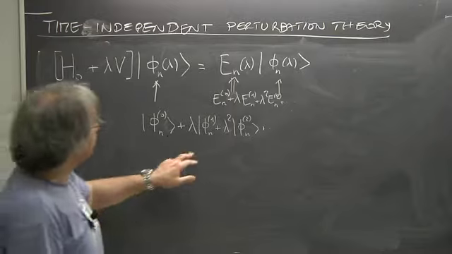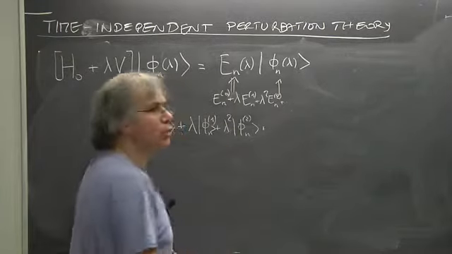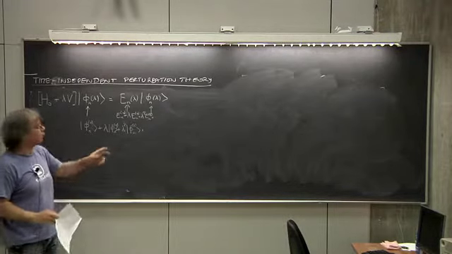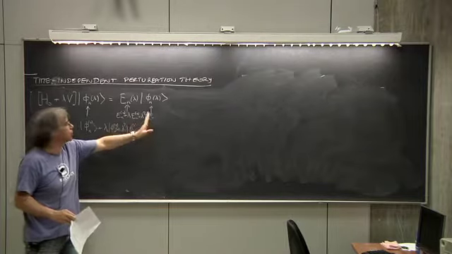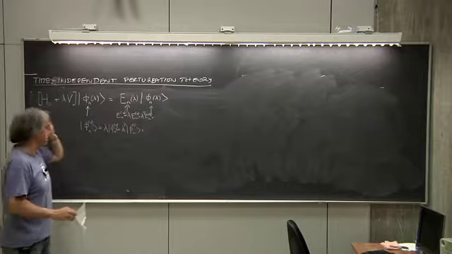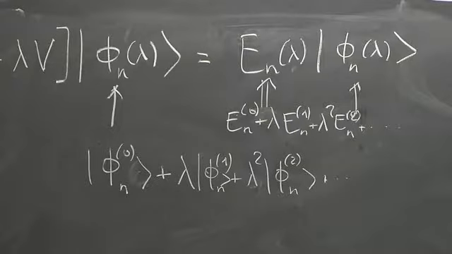Notice these are corrections. So if I want the actual full number up to second order, I should include the three terms. Now let us try to set up equations for all these quantities, which are obviously required to satisfy this equation.